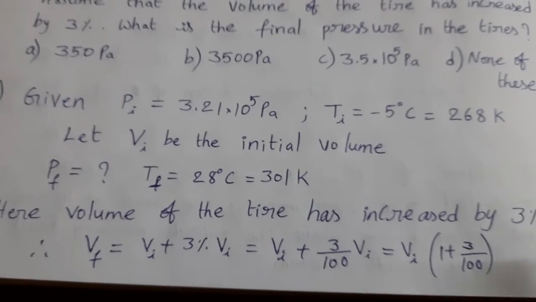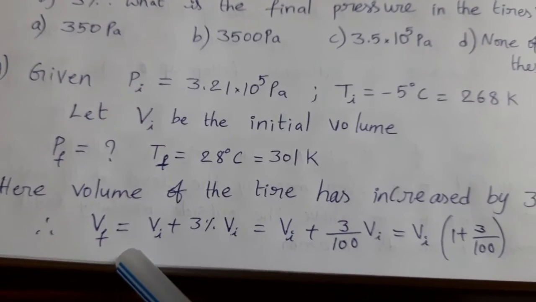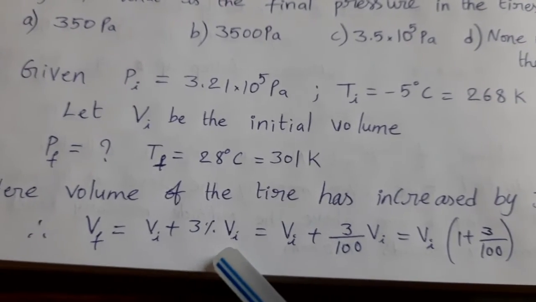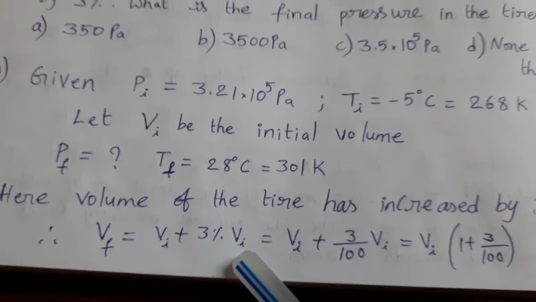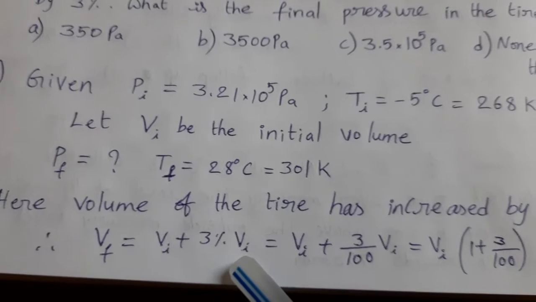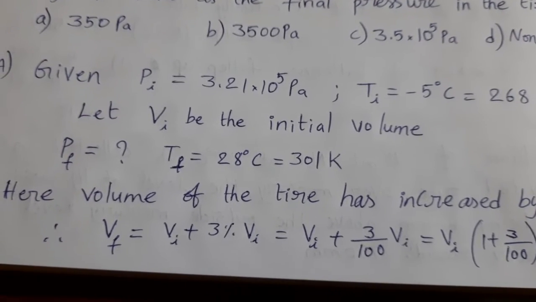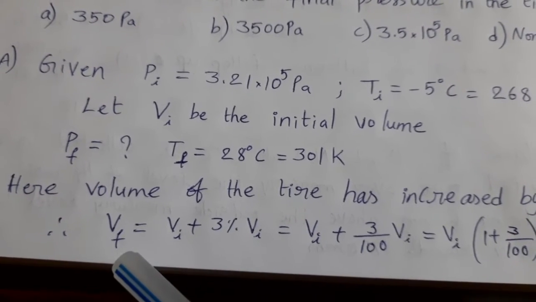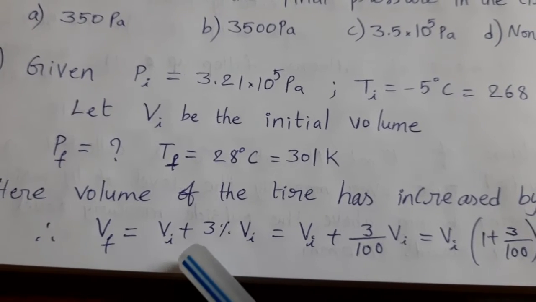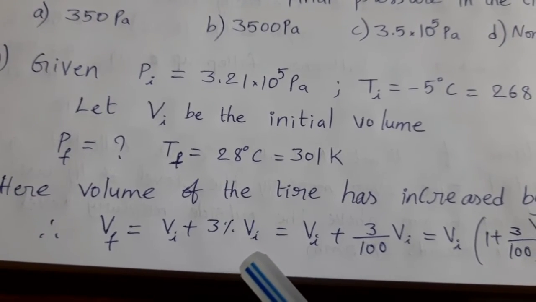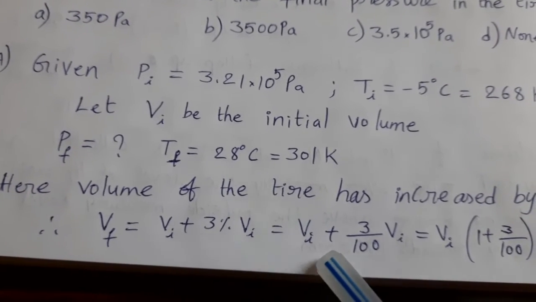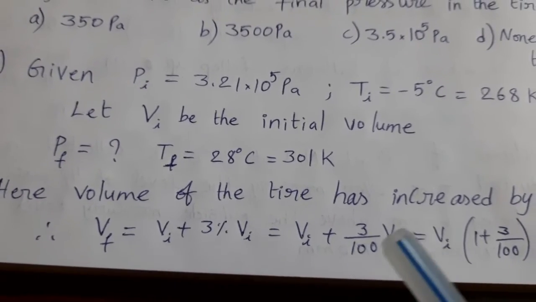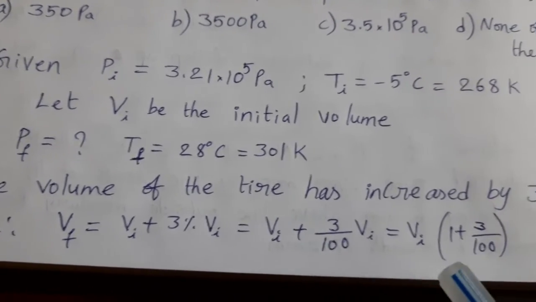That means final volume Vf equal to Vi plus 3% of Vi. Students, you should understand this point very clearly, otherwise we cannot get the answer. Final volume equal to initial volume plus 3% of initial volume. So Vi plus 3% means how much? 3 by 100 into Vi.